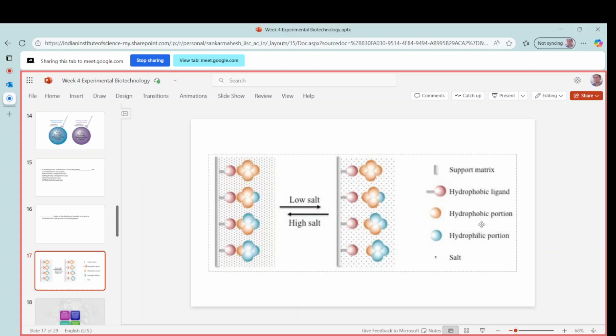And your hydrophobic group will look for any other hydrophobic regions where it can bind. And because your matrix has this hydrophobic ligand, it will bind to that. So this image shows that in the presence of high salt, more of your hydrophobic portion gets exposed and it interacts with your ligand. But in low salt conditions, you don't have that case.